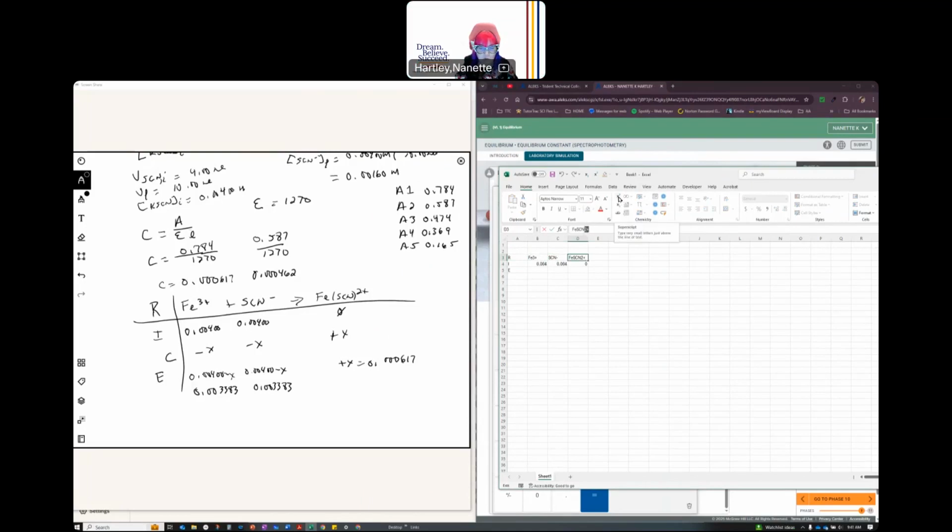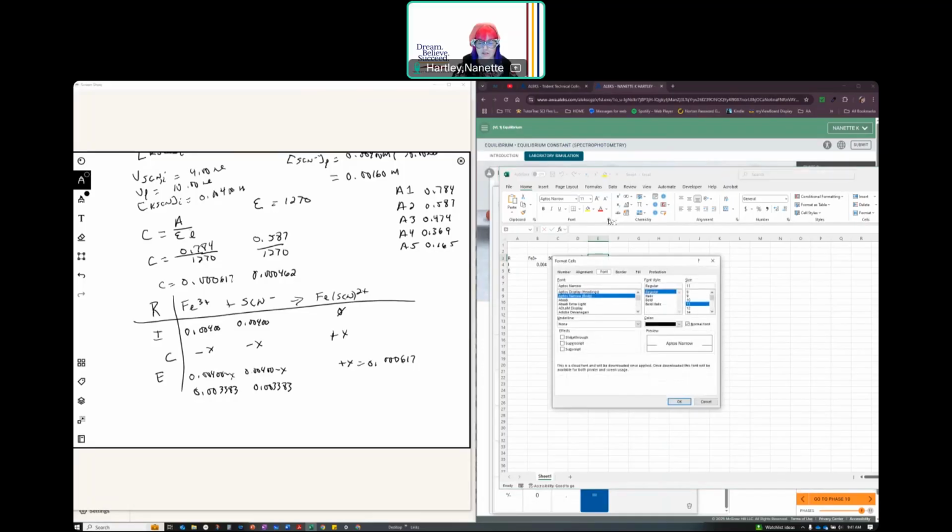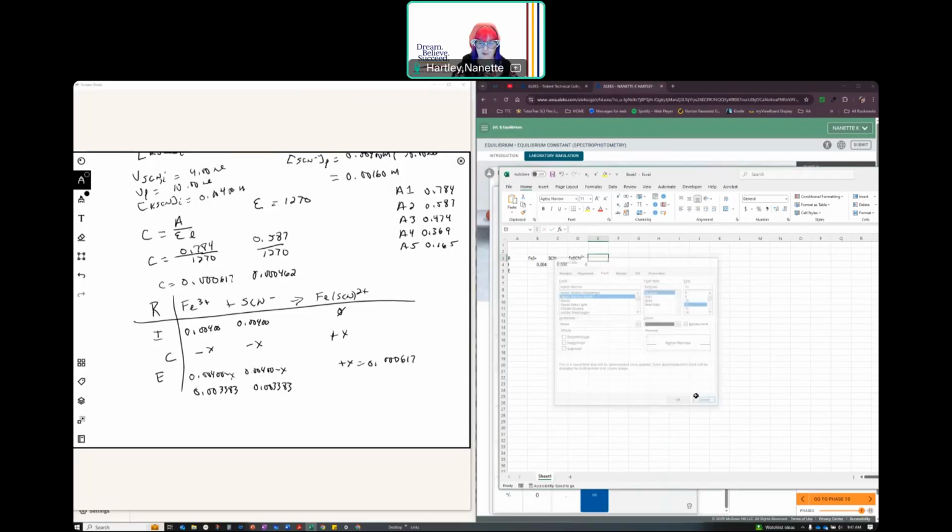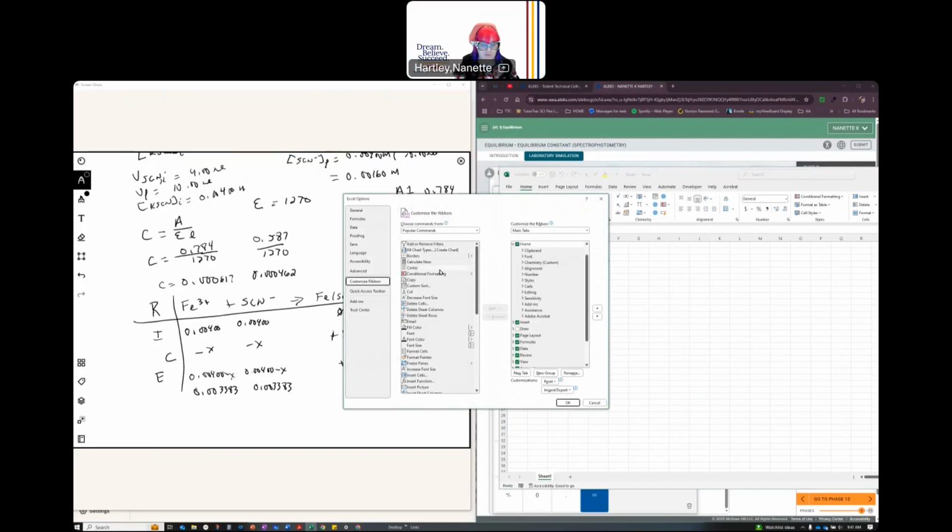I have these set up as shortcut keys because I use them all the time, but you can get to them by going to font. There's superscript and subscript right here. So if you're neurotic like me, you can do that. If you really want to add them to your ribbon, you can do that too, because I have done that. You can come in and customize the ribbon, and then you can search for them in here.